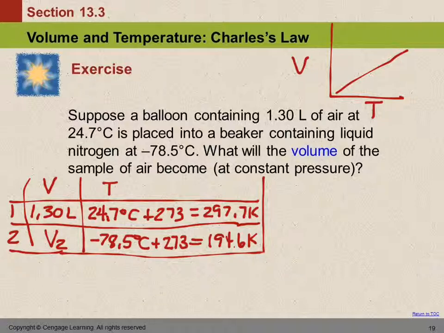And so when we go to the table of useful information on an exam and look for an equation, we're going to look for one that has T1, T2, V1, V2. And that will be Charles's law. Again, I don't expect you to memorize those.